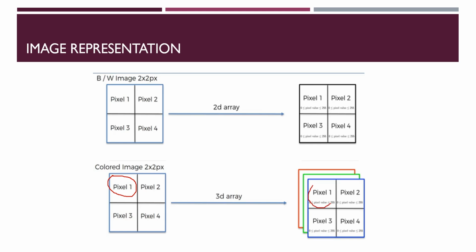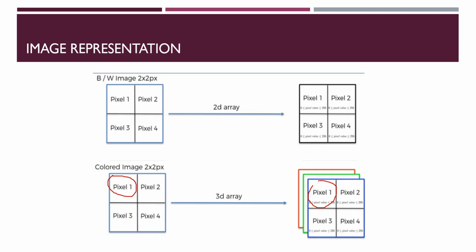So pixel 1 will have some intensity value in the red, green and blue channels respectively. So it becomes a 3D array representation. It's a three-dimensional representation when we talk about a colored image. So that is it about the image representation.